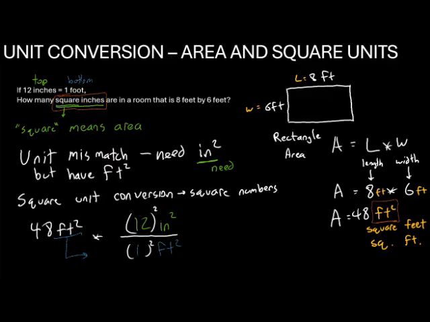Anytime you convert a unit with a square, the numbers get squared also. However, we will leave the 48 feet squared alone because that came from a previous step. So our operation will look like this. We'll take 48, multiply by 12 to the second power, multiply by 1 to the second power.